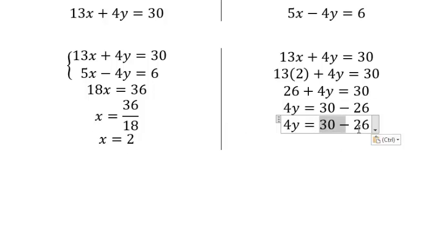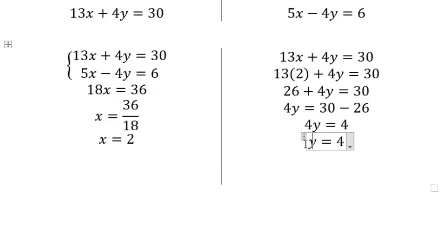So 30 minus 26, that will give me 4. And I can pass the 4 of the y that is multiplying to the other side to divide. 4 divided by 4, that should give me 1. Okay, so I already found y, and I also found x. Okay, so those are kind of like my important answers in here.